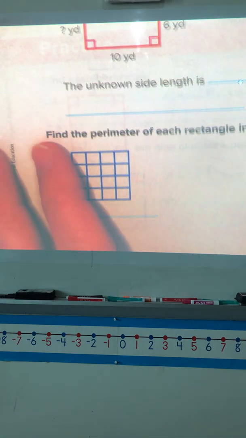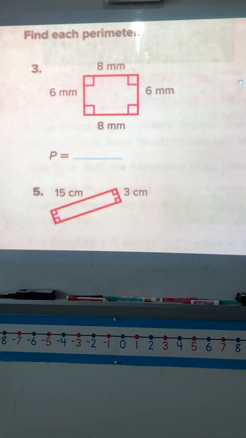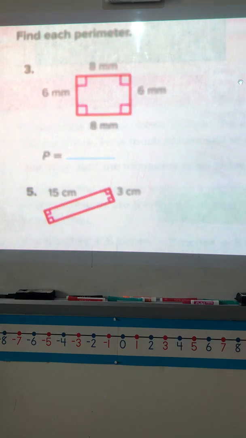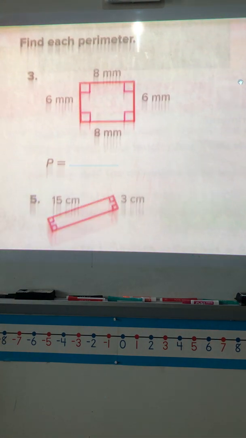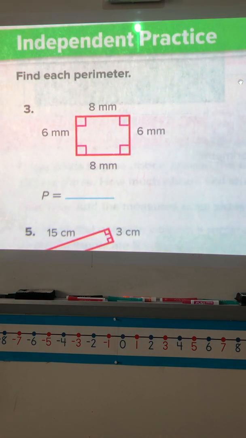One page down. I'm on page 827 now, and this is number 3. So this is the independent practice portion where you practice this on your own. And this is where I'll give you a minute to say, okay, everybody go, and I would walk around and see how you're doing.